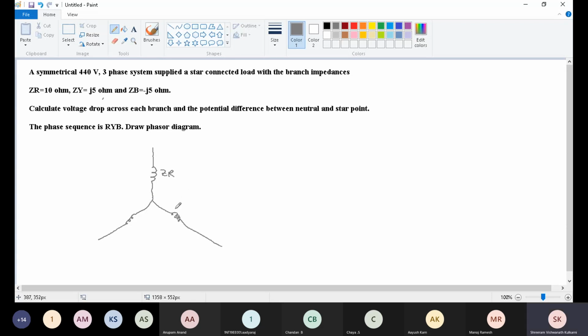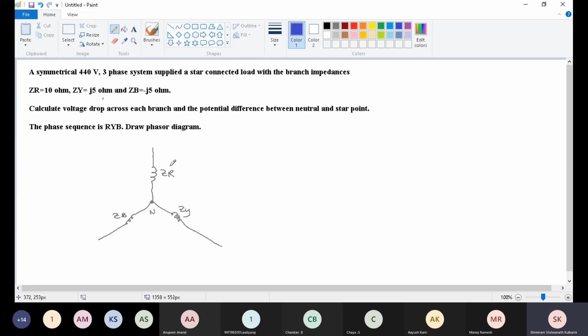This is ZR, ZY and ZB. This is the neutral point.